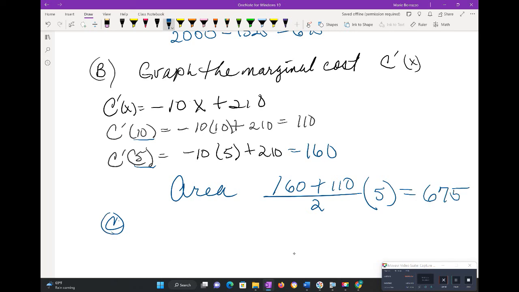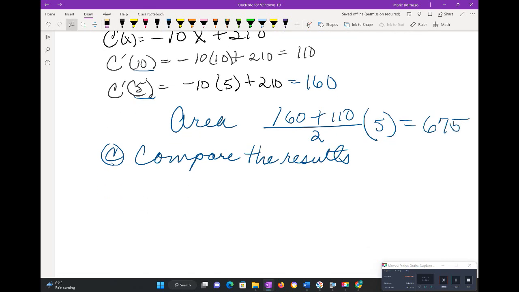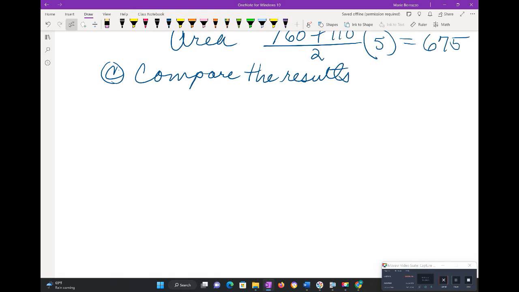Part C wants us to compare the results. So this is just proving that regardless of which of the two methods, we are still going to get the same answer. So once again, that goes back to the fundamental theorem that I discussed earlier, where we have an integrand and an interval a, b.